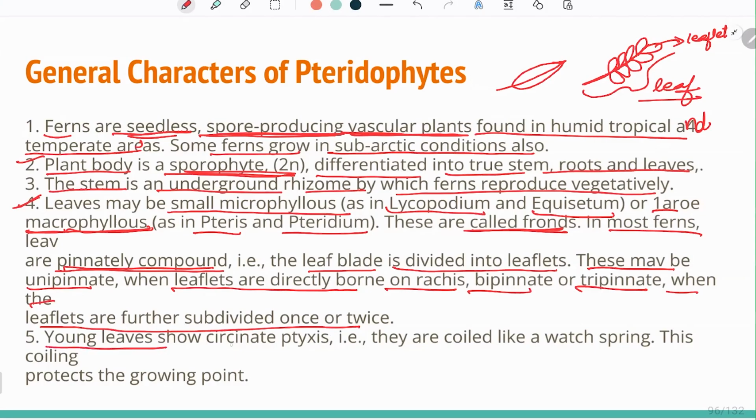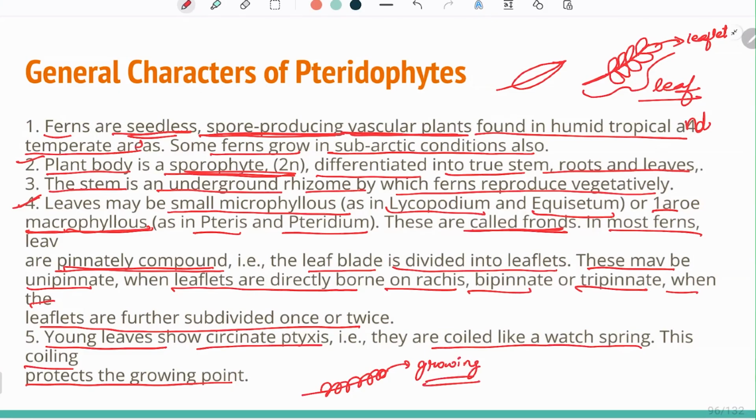Young leaves show circinate vernation, that is, they are coiled like a watch spring. This coiling protects the growing point, because the leaves are coiled over that particular point.